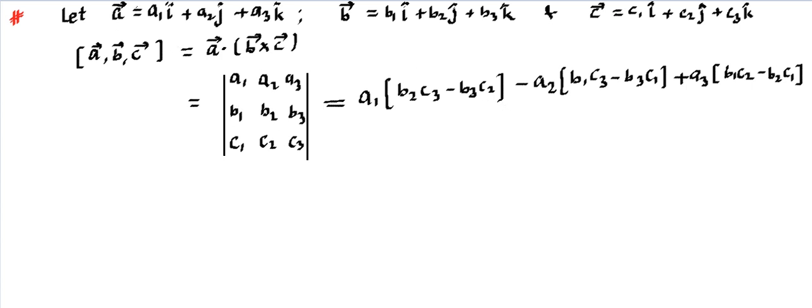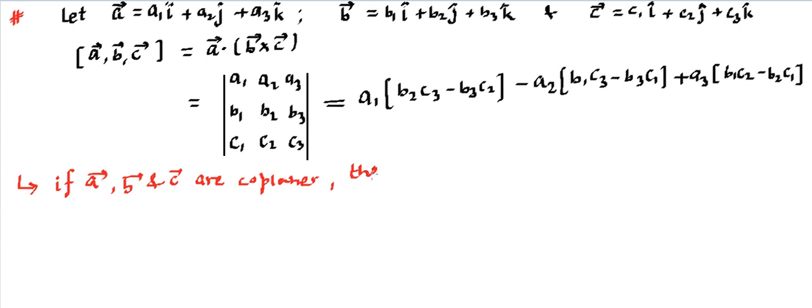So from here we can think of one rule that relates to the previous property. If somebody says a, b and c are coplanar, so what is the condition? We will be using that condition that we have learned.